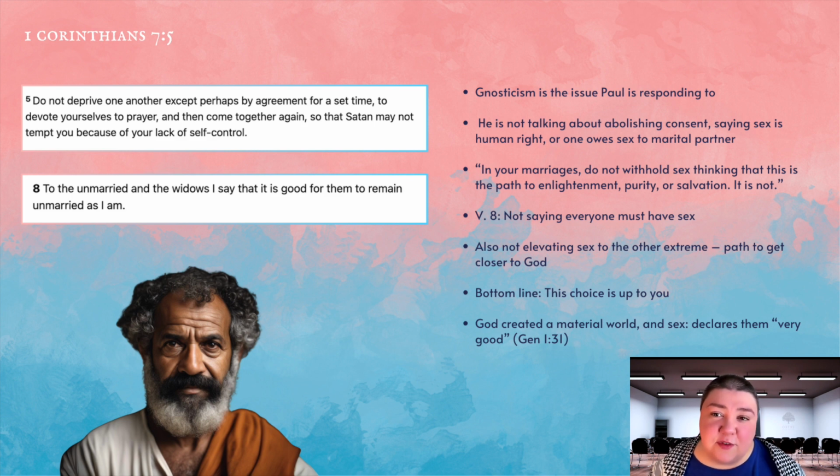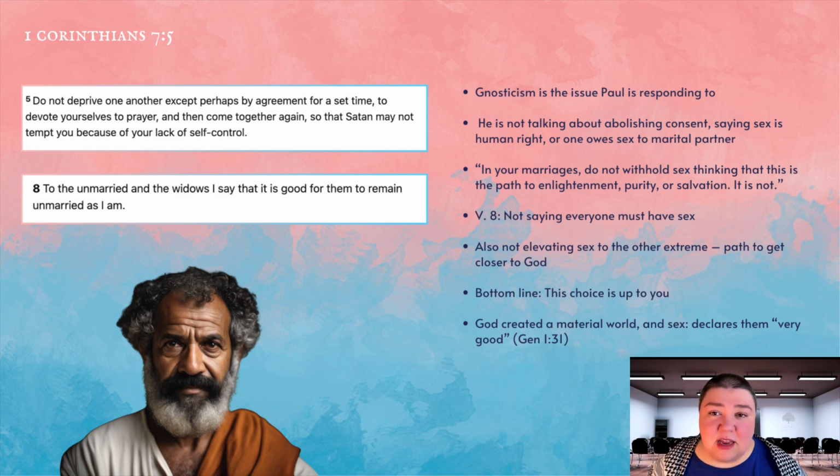He is specifically speaking to the Gnostic practitioners in the faith community, saying, do not deny each other. In your marriages, do not withhold sex, thinking that this is the path to enlightenment, purity, or salvation. It is not.